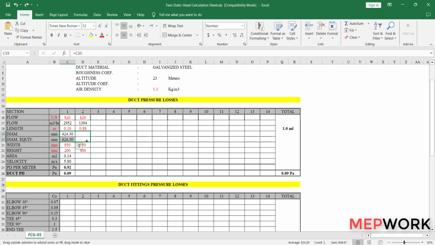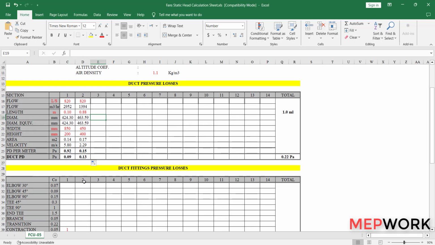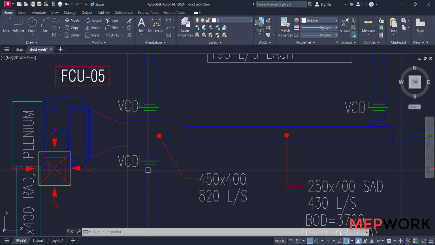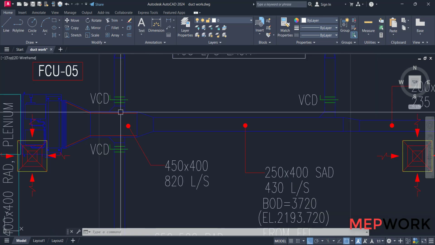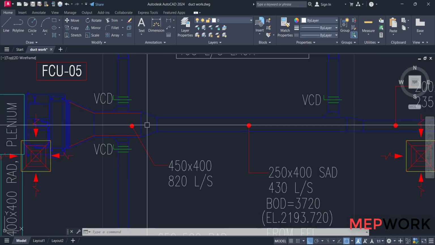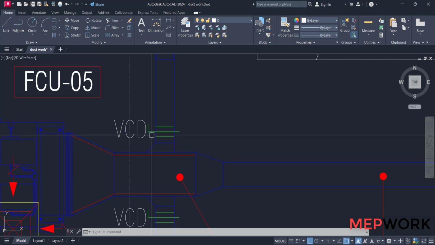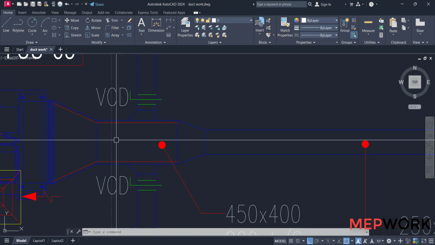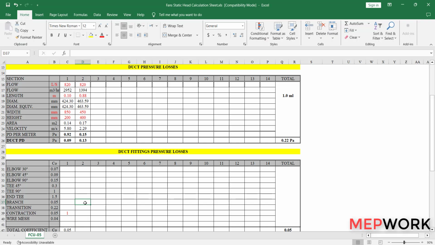Apply this calculation for this cell, also this one. Enter the duct fitting at this cell. In our case, they are 2 branches and 1 contraction. This volume control damper is not taken in consideration as it's not on the critical path. 2 branches and 1 contraction.